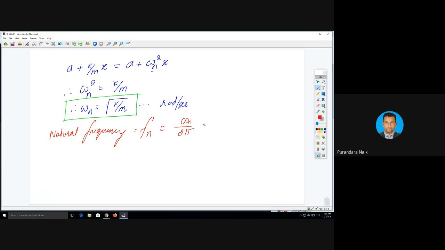Omega n by 2 pi is nothing but frequency or natural frequency. Fn is equal to 1 by 2 pi square root of k by m. This is the natural frequency equation. Equation number 3. This is equation number 4.